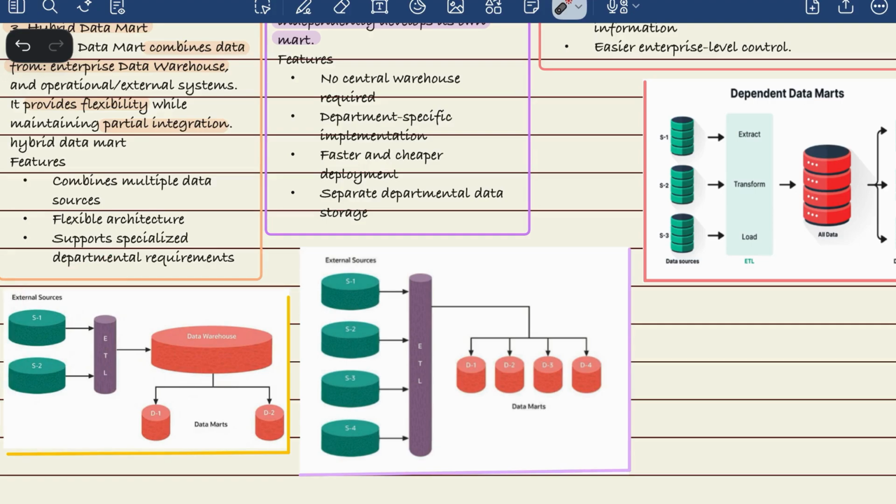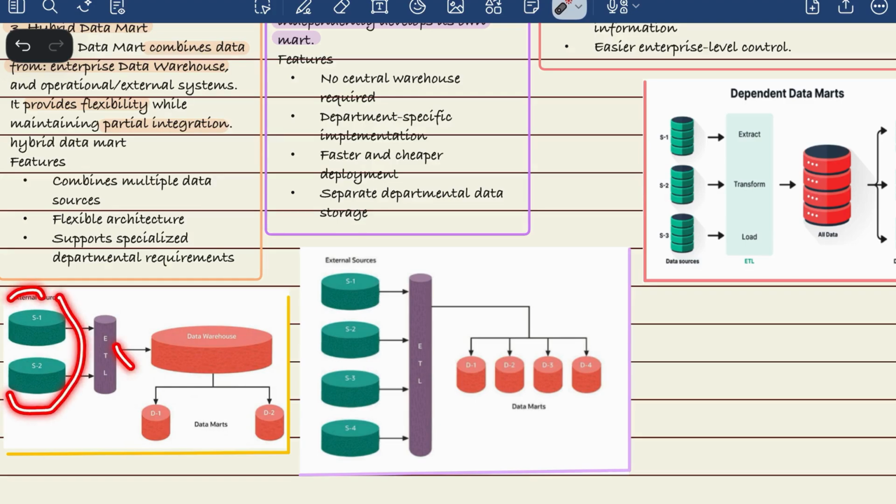So imagine a finance mart that pulls the internal revenue numbers from the main corporate data warehouse, right? From the main data house, but also streams real-time data from external sources, from the live stock market. So what is happening? You are taking the live stock market data from the internet, that is the external source, and also from the internal data warehouse.